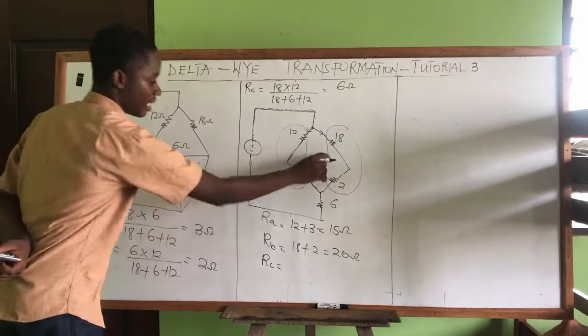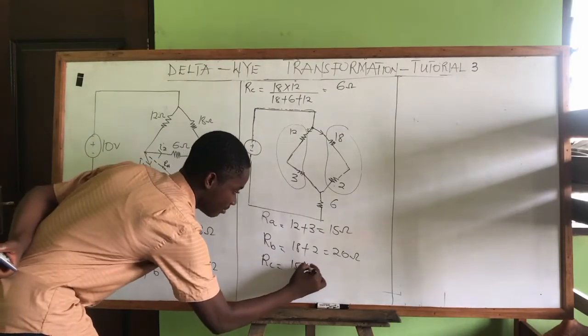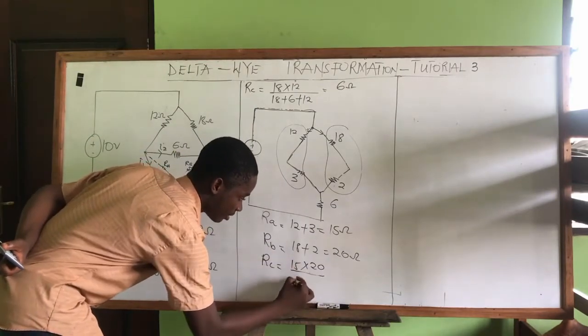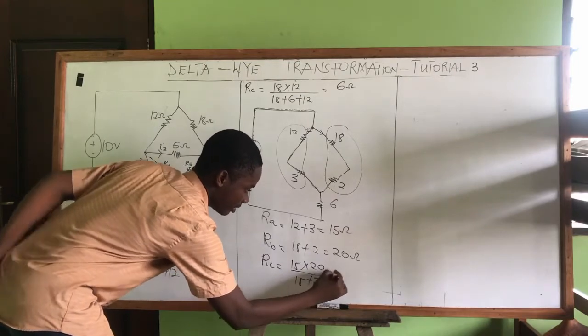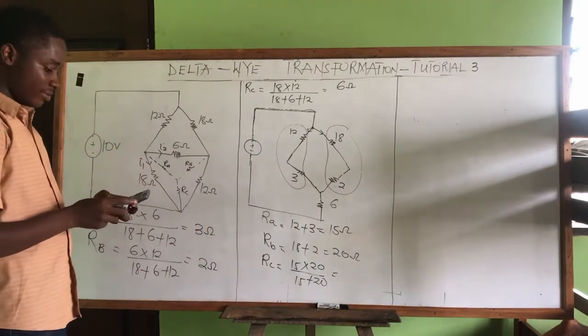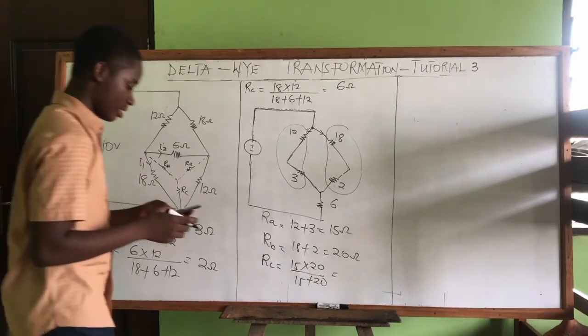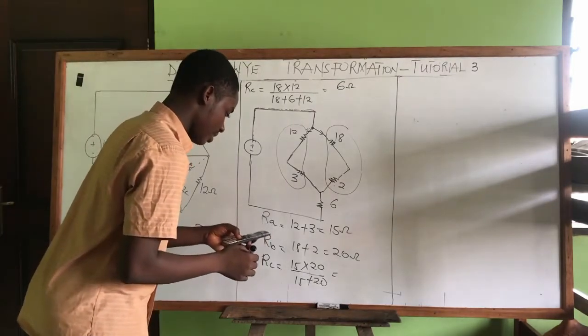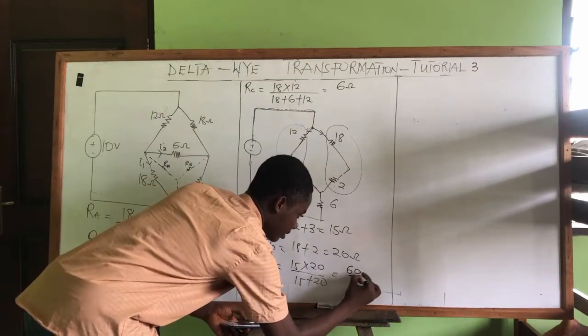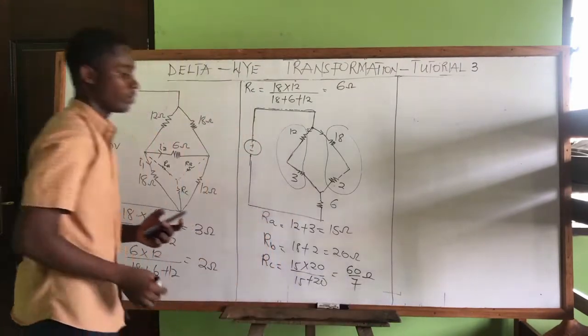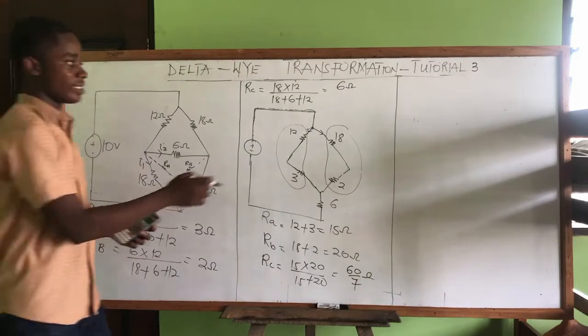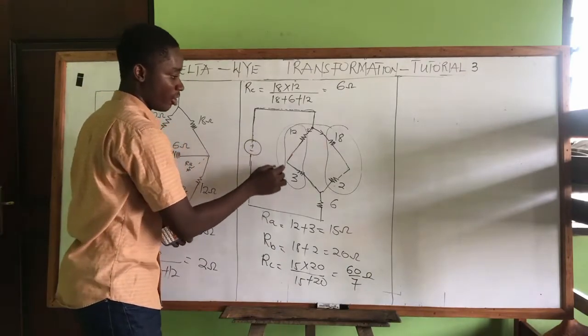So RC is this and that in parallel, which is 15 by 20 over 15 plus 20. Then we have 60 over 7 ohms. So don't forget, we've now got an equivalent for all this portion.